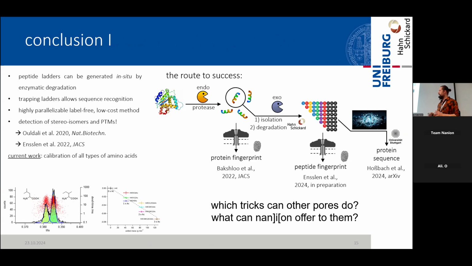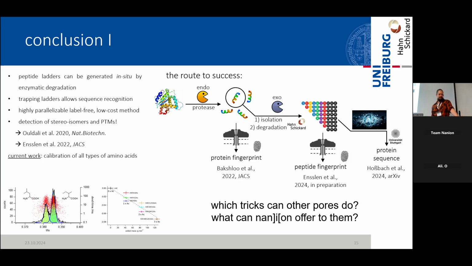This gives us great hope that this is a highly parallelizable, label-free, low-cost method for peptide sequence recognition. And especially, this is something I did not talk about today: this method is capable of discriminating positional isomers of PTMs and also of amino acids, which we have shown already in some other publications.